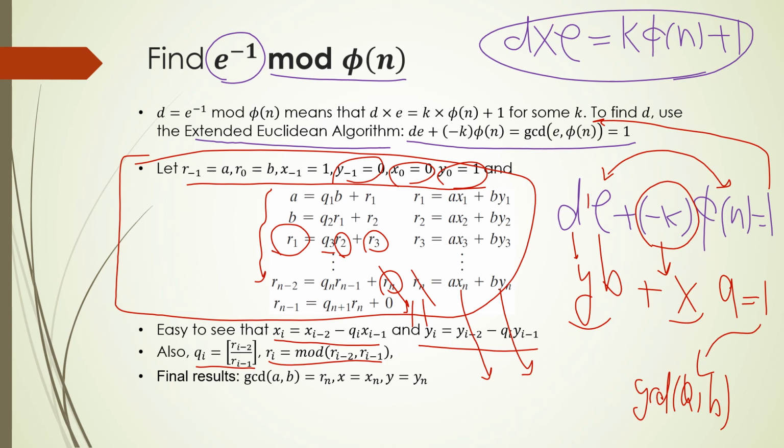Now we were looking for d, which is the coefficient of b, where e was equal to b, and you can calculate d by just saying d equals yn. What is yn? yn is the y in the nth step, which is calculated by this formula, and the nth step is the step where rn is equal to 1. So it's a little bit complex, but if you write down the formula in Python or Java or any other programming language, it's going to take the computer a very small fraction of time to do this calculation.